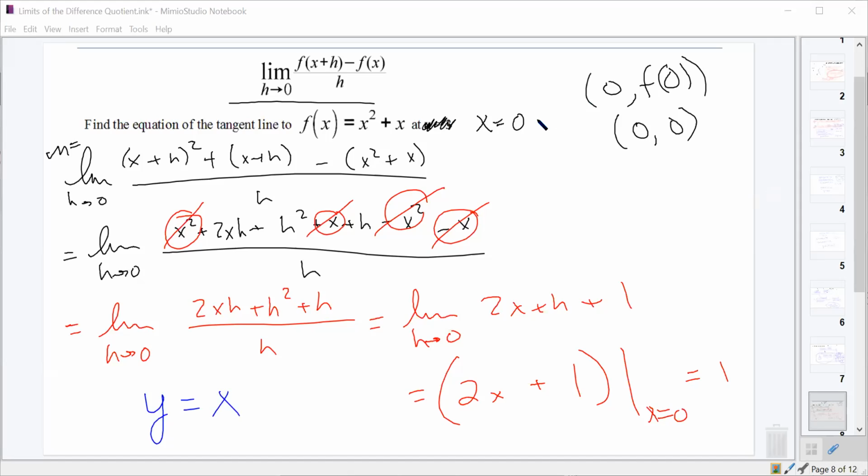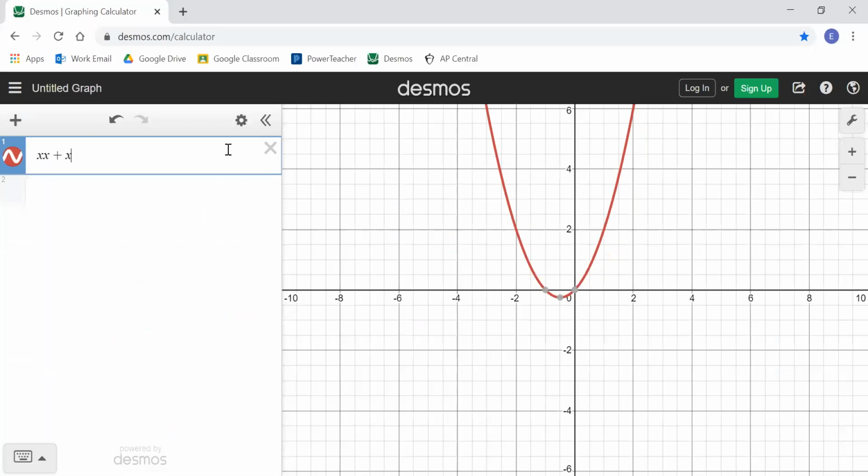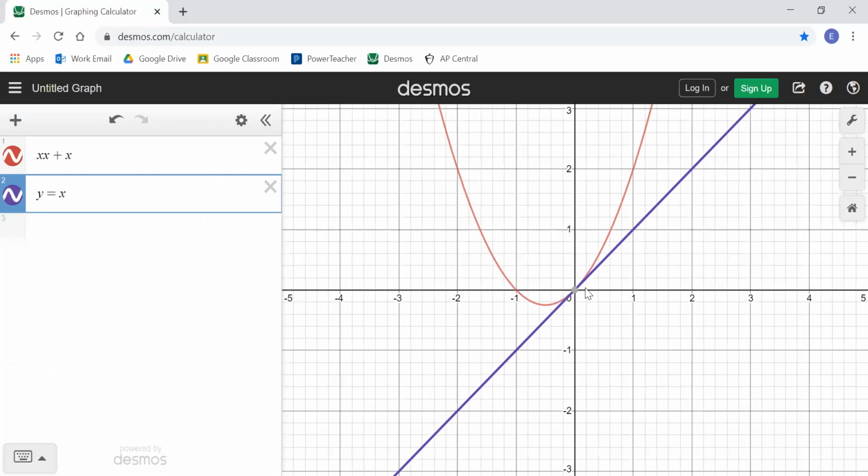So let's go in and take a look in Desmos at x squared plus x, and then here's the equation y equals x. And if we look here, this is the tangent line, right? The tangent line is y equals x. It touches the function at 0, 0, but it stays below it all the time, right?